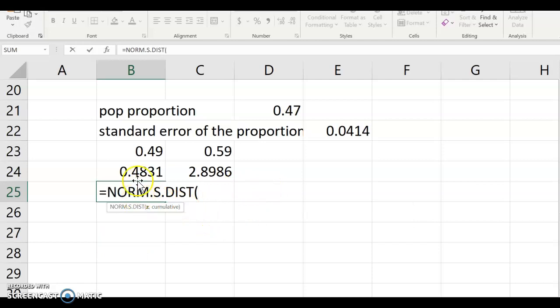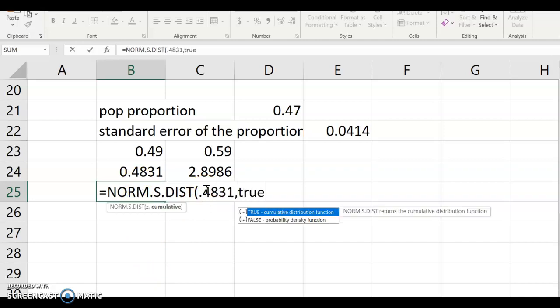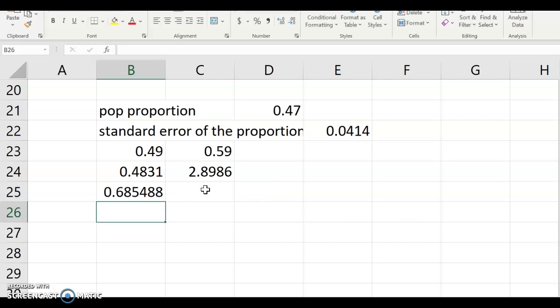Okay, and we're going to type in 0.4831 and true. And then round that to 4 decimal places.